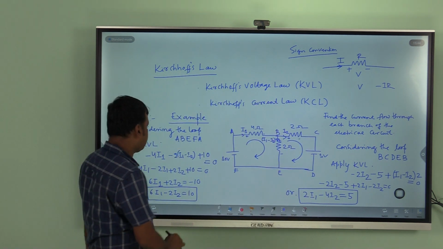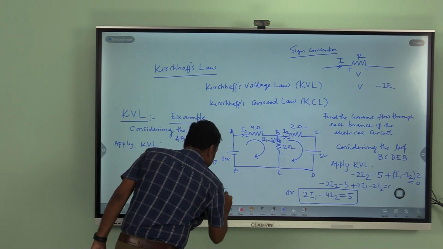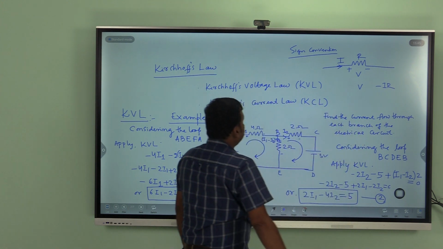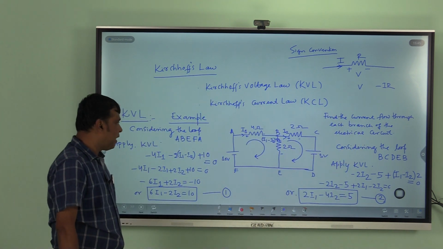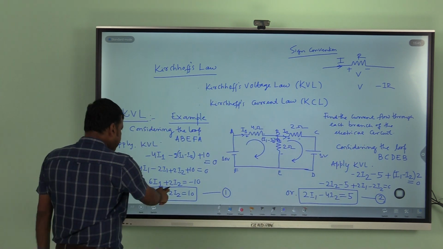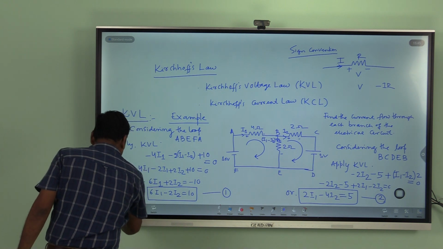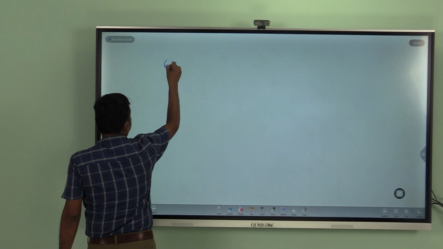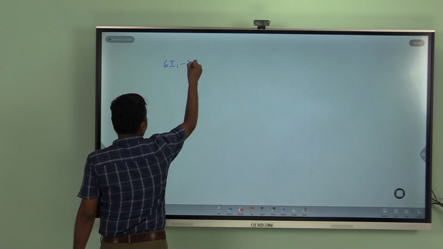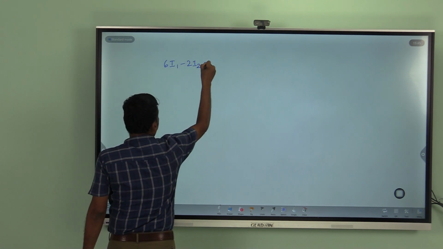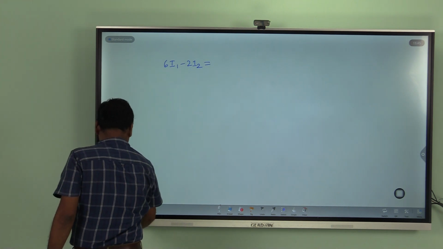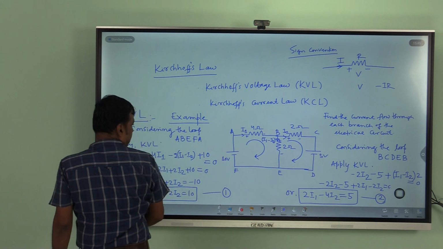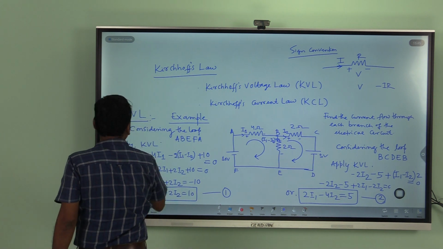Suppose this is your equation 1 and let this be your equation 2. If I solve these two equations, 1 and 2, I can find out I1 and I2. So, 6 I1 minus 2 I2 equal to 10.